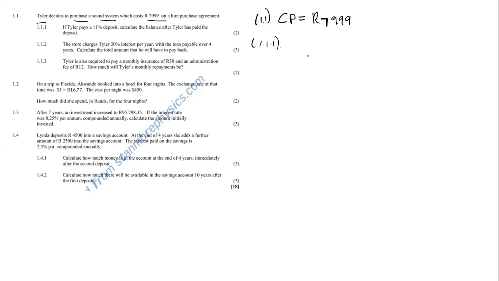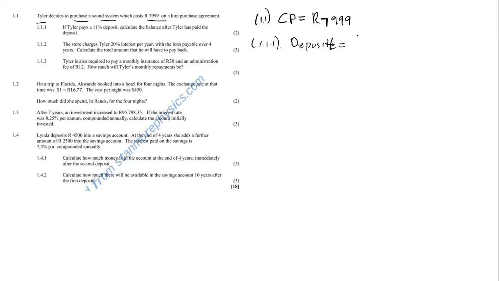So now, how are we going to determine the deposit that Tyler is going to pay? Because remember, Tyler doesn't have this amount of money to settle for this sound system. So he starts by paying the deposit, ne?